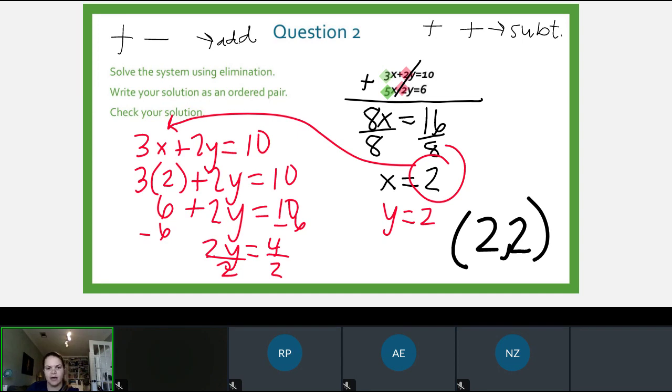So how do we get rid of that? Yep. But yes, and I will. So you're going to add 15 to both sides.